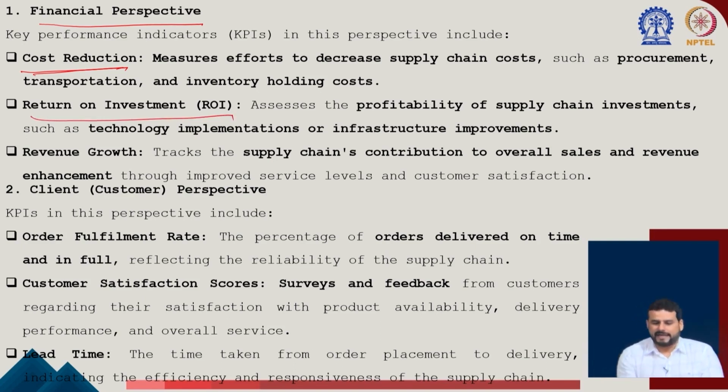Return on investment, like if we are investing in something, let's say we are investing in developing technological infrastructure, right? So that technological infrastructure is helping you to fetch more customers, right? If Amazon today announces that all the deliveries will be done on the same day, that means technological implementation will be there, and you need to speed up your distribution network.